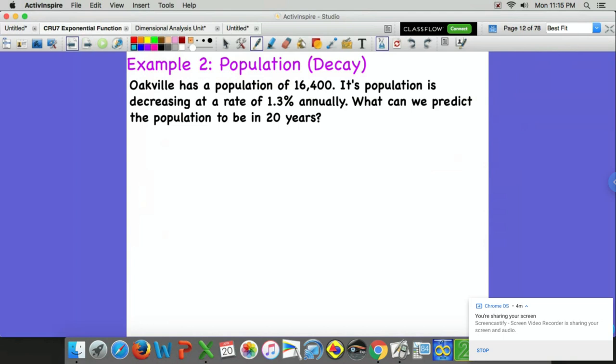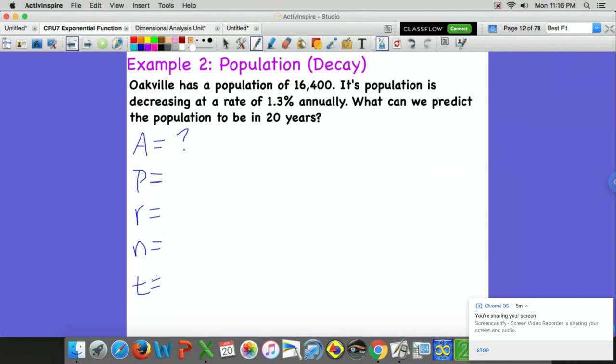So once again, go ahead and list out your variables. And so the A is what we're looking for. What can we predict the population to be in 20 years? So we don't know that one yet.